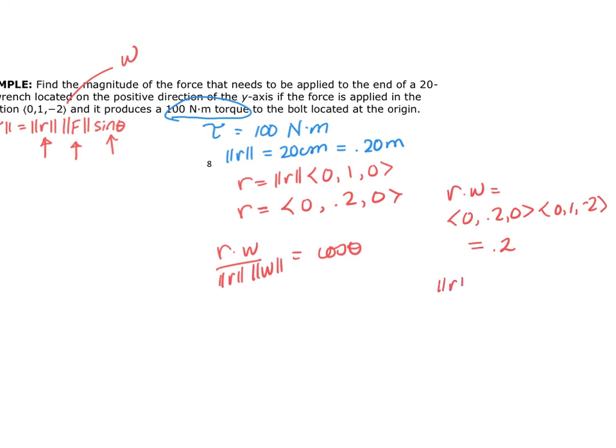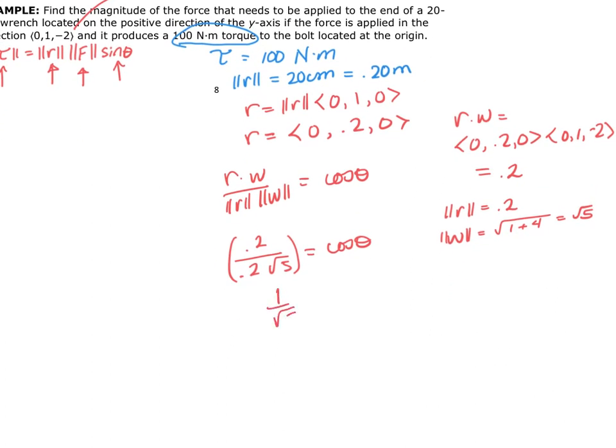So the magnitude of R, which we know, is 0.2. The magnitude of W is going to be the square root of 1 plus 4, which is the square root of 5. So I have R dot W, which is 0.2, divided by the magnitude of R, which is 0.2, times the magnitude of W, which is the square root of 5. And this is going to equal the cosine of theta. So 1 over the square root of 5 is equal to the cosine of theta.